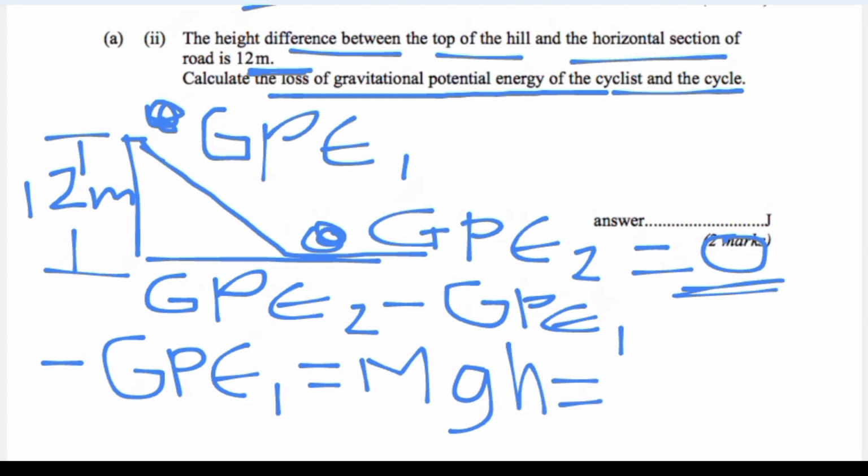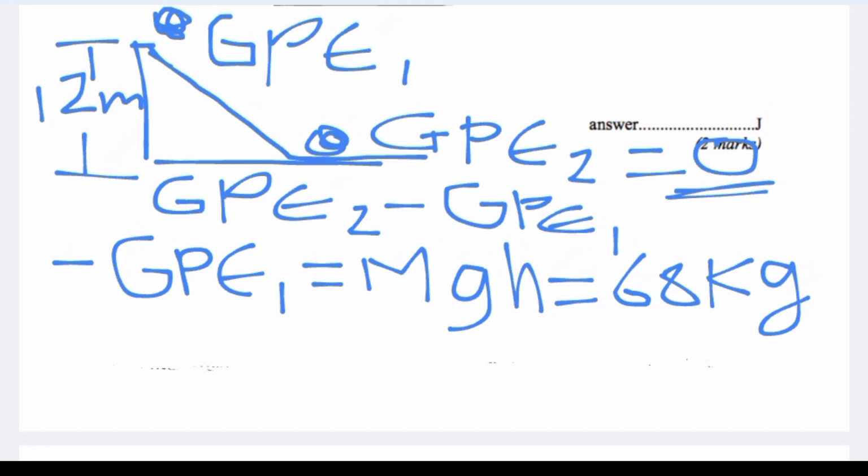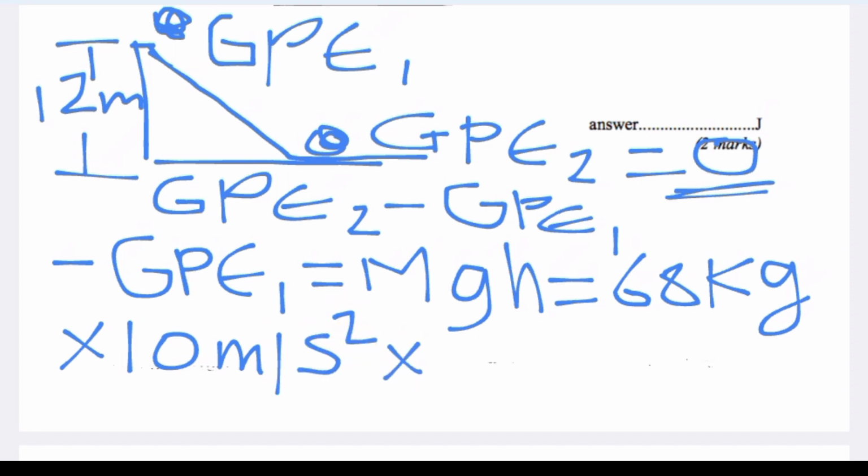So we know m, it is 68 kilograms, and approximately we can take gravity to be 10 meters per second squared, for calculation purposes, and the height is 12 meters, the change in height, right?